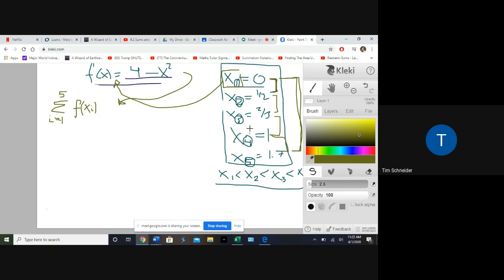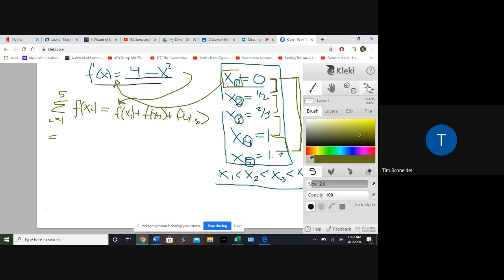So before we were taking the difference of x values, now we're adding up y values. It's a very different kind of thing. Remember, this is equal to f of x1 plus f of x2 plus f of x3 and so on.